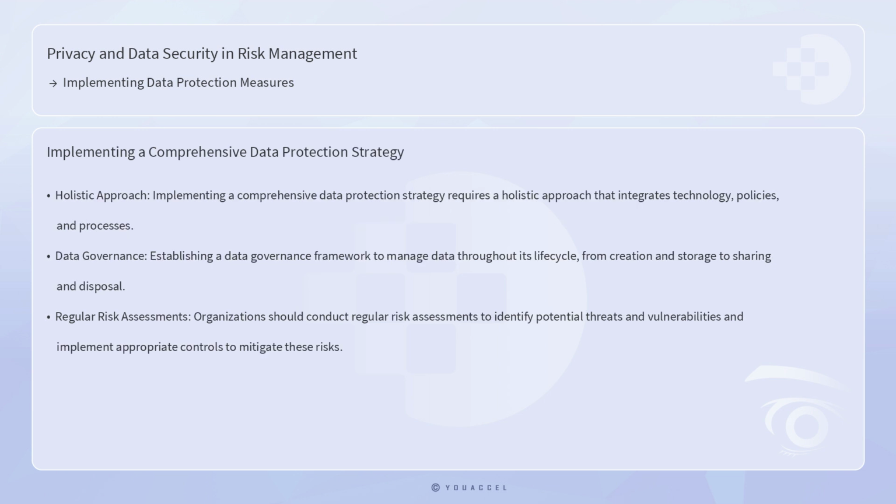Finally, implementing a comprehensive data protection strategy requires a holistic approach that integrates technology, policies, and processes. This includes establishing a data governance framework to manage data throughout its life cycle, from creation and storage to sharing and disposal. Data governance ensures that data is managed consistently and securely, with clear accountability and oversight.